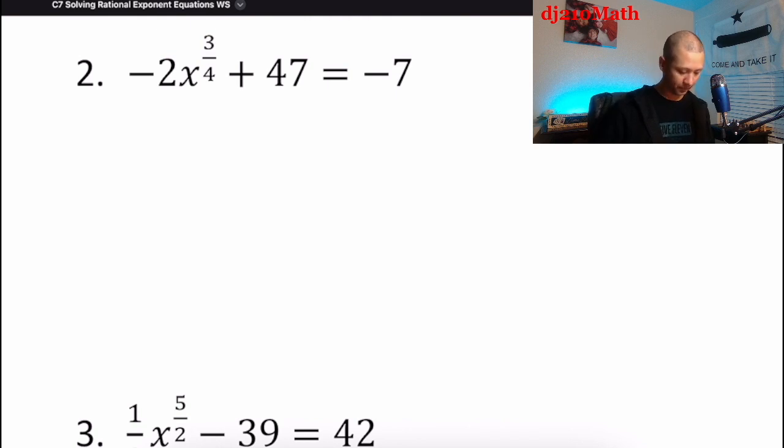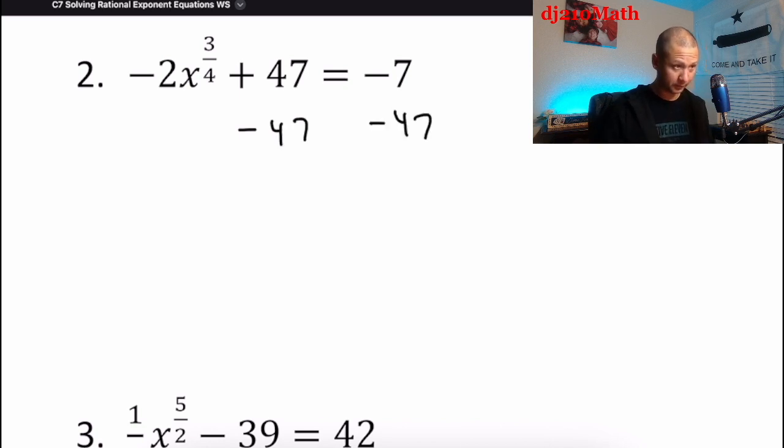All right, number 2. I'm going to subtract 47 from both sides, right? Trying to isolate X. So we're going to get -2 X to the 3/4 equals -54.